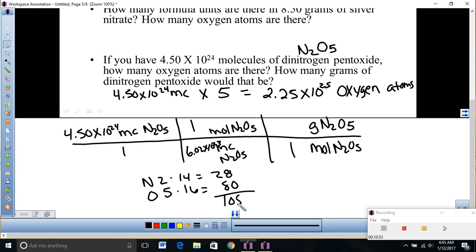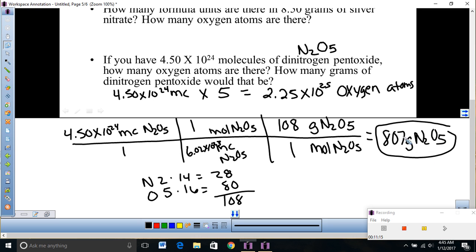So it makes it 108. I'm going to stick that up here with the grams. It is grams per mole. So now I'm going to multiply the top numbers, divide by my bottom number, and this one you get a total of 187 grams of dinitrogen pentoxide.